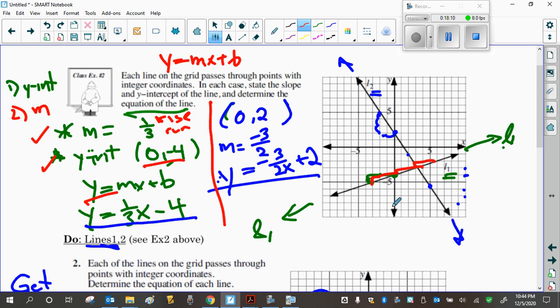Alright, line 2. If you can turn away and do line 2 on your own, find the y-intercept and the slope, and give me the equation.